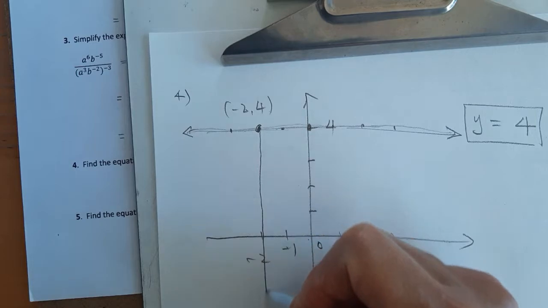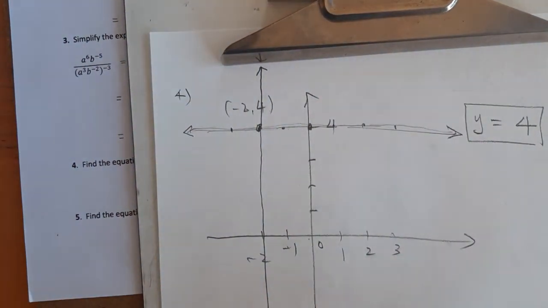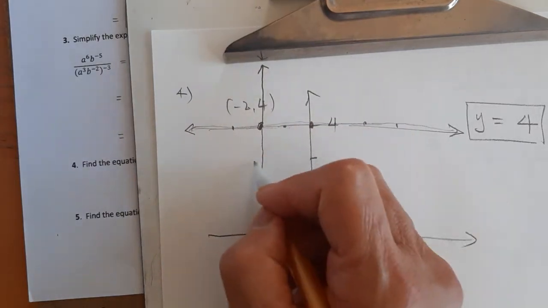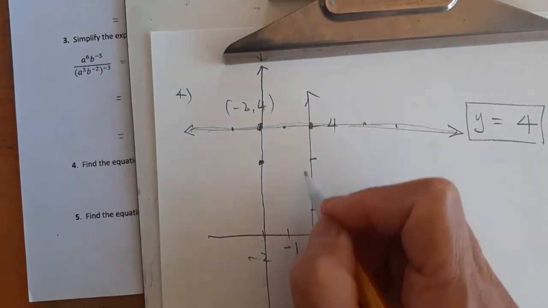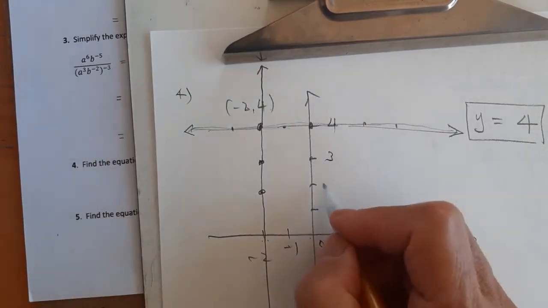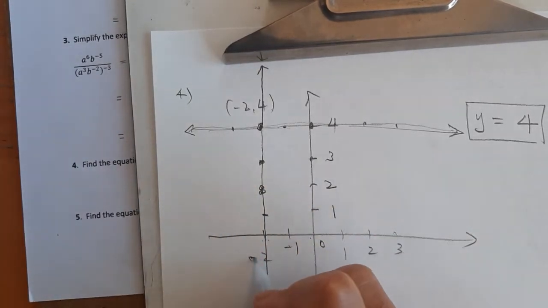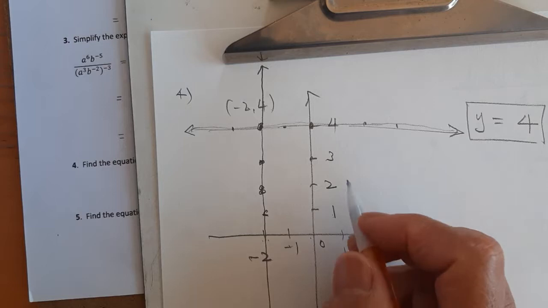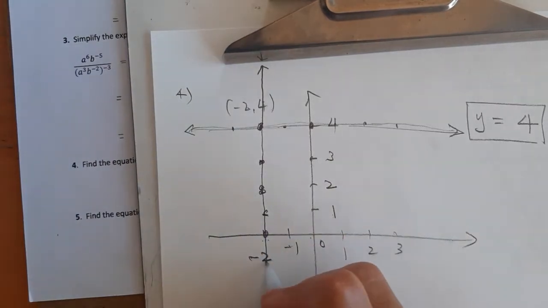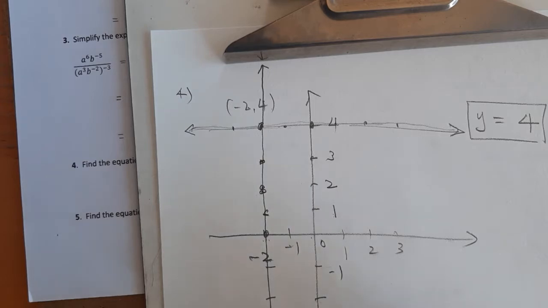For a vertical line, on every point on this line, the x coordinate is negative 2, for example with y coordinate 3, 2, 1, 0, negative 1, negative 2, negative 3.